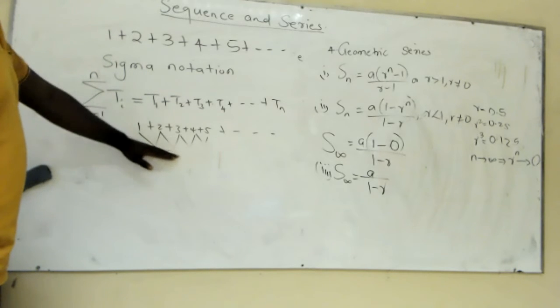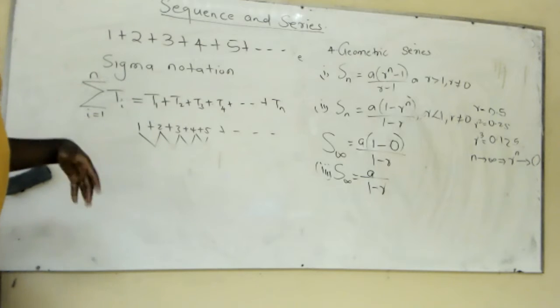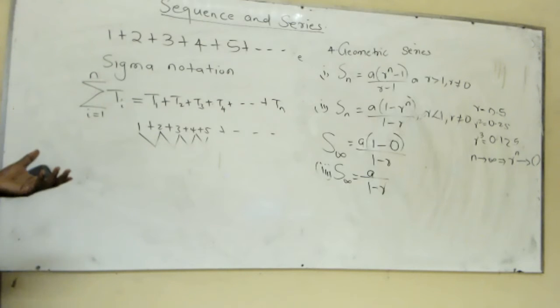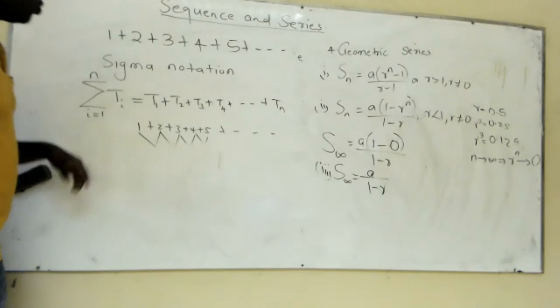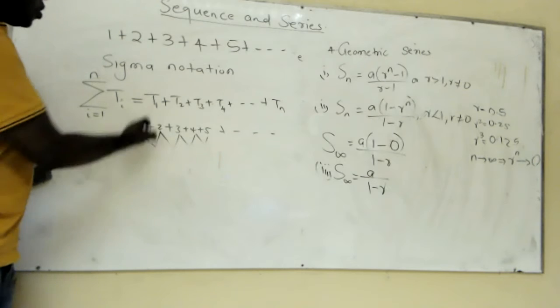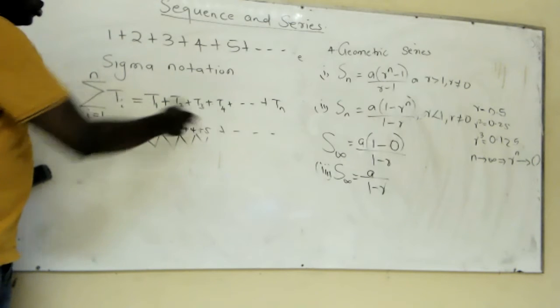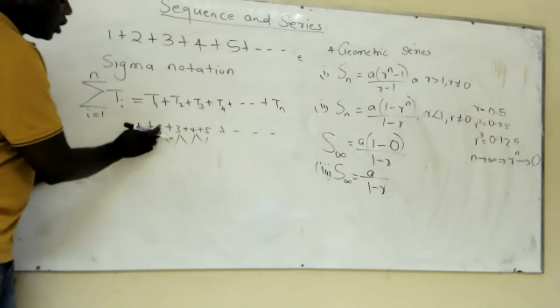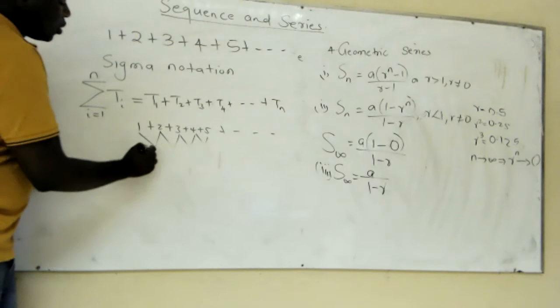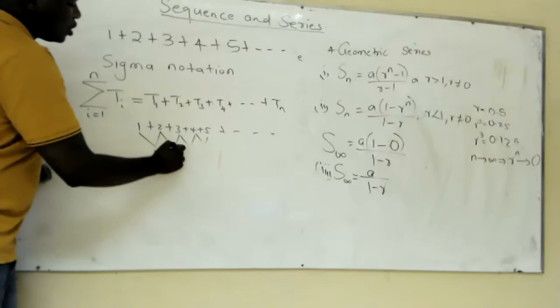So you can get the common difference or the common ratio depending on the kind of sequence or series you are given. Here we can use the common difference because you can see the common ratio cannot work in that case. So the common difference is going to be 2 minus 1, which is 1, and 3 minus 2, which is 1.